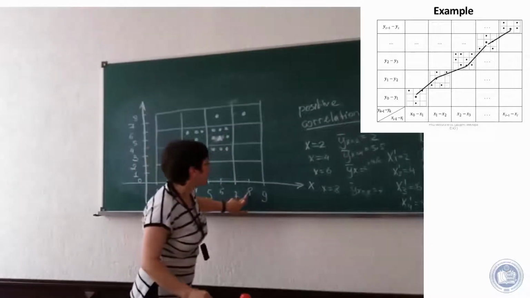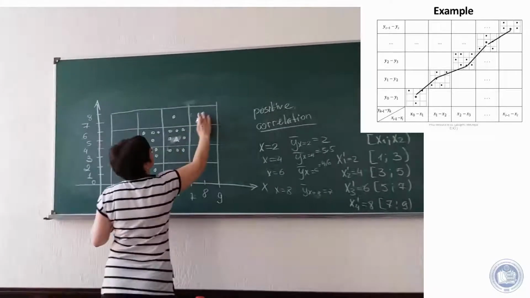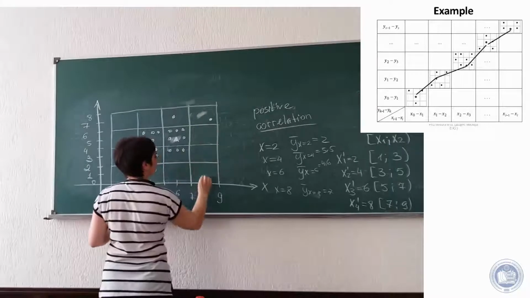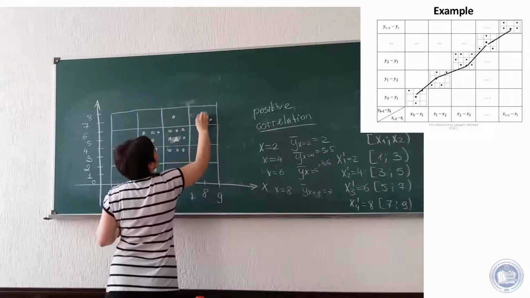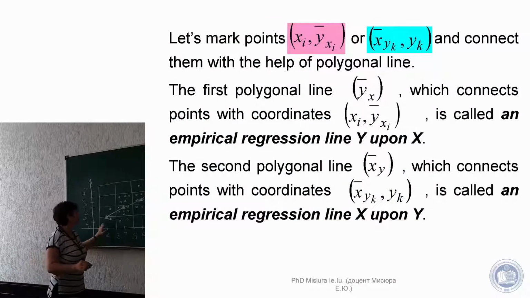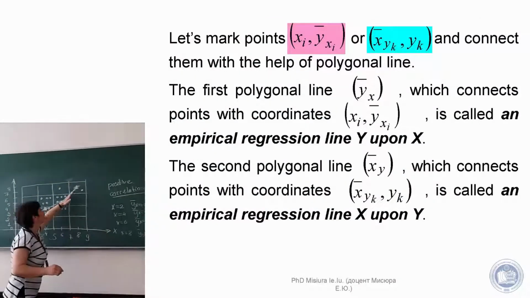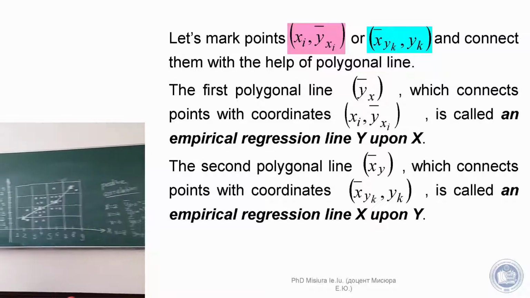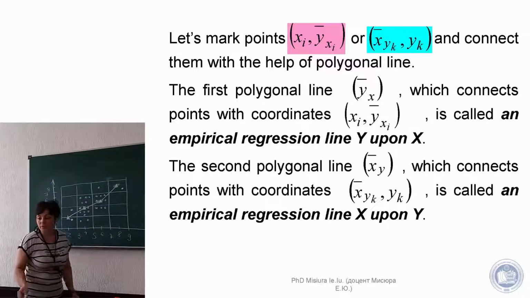And 8 and 7. То есть их отдельно. Okay, students, this line is called empirical line y upon x.